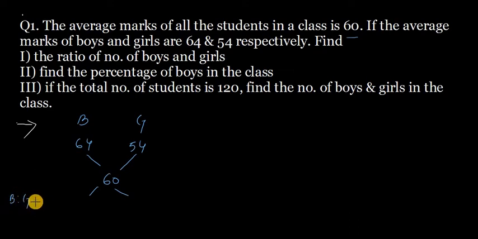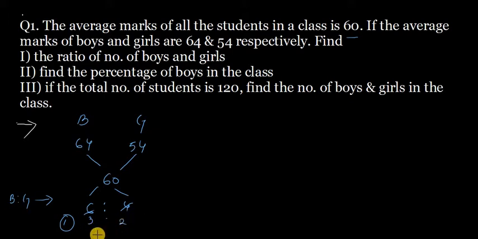The standard differences are 6 and 4, and in simplest form, 2 times 2 is 4 and 2 times 3 is 6. Question one, find the ratio of number of boys and girls: 3:2.